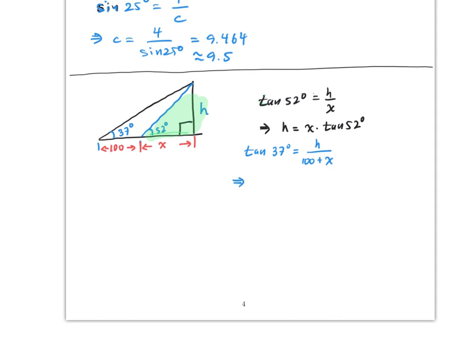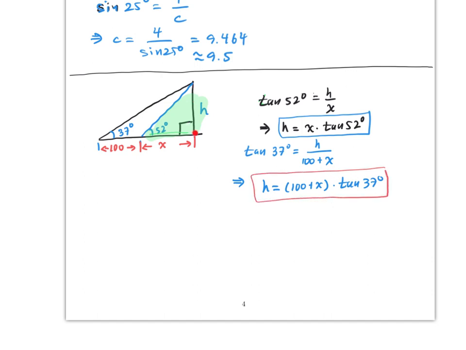And again, if you solve for h, notice that this time it will be 100 plus x times tangent of 37. Now, this is the next part you need to notice. Here you have an equation for h, and here you also have an equation for h.